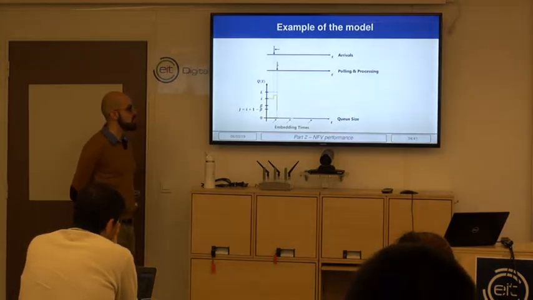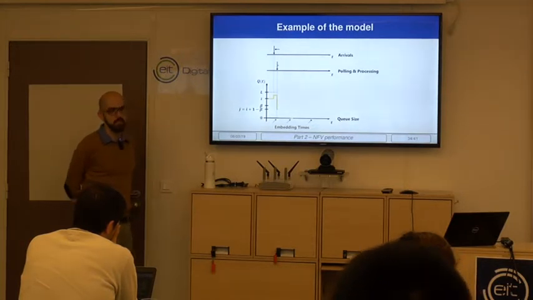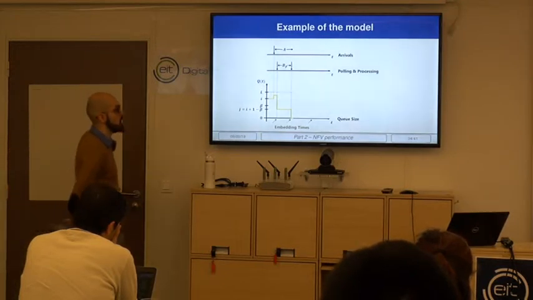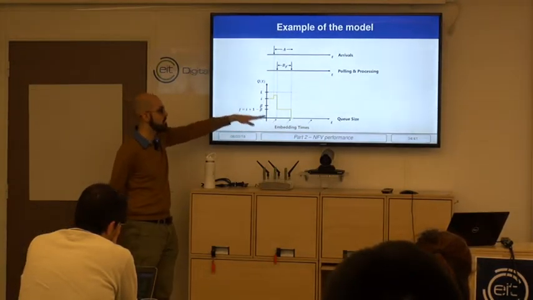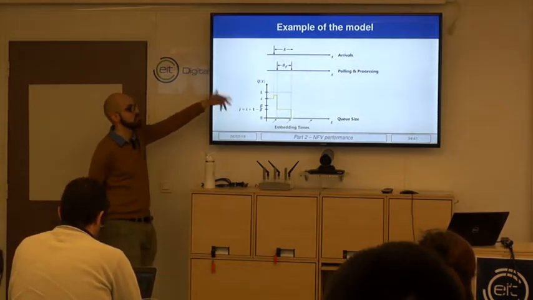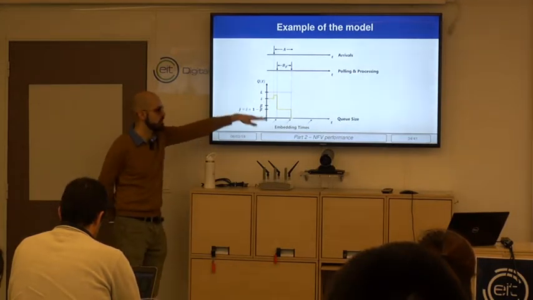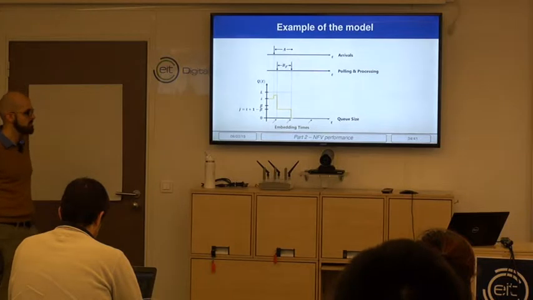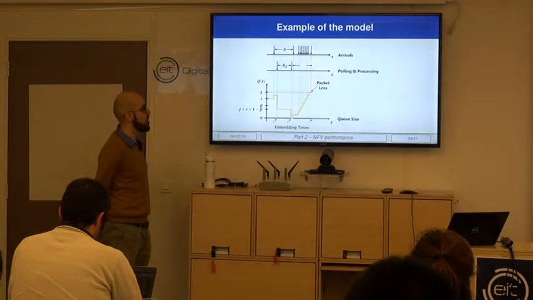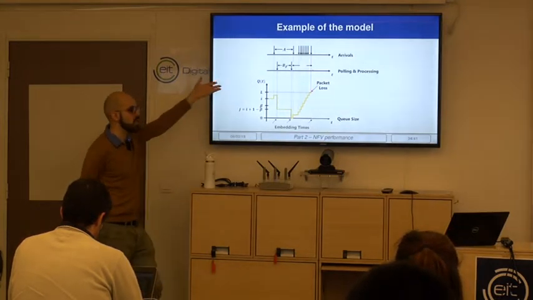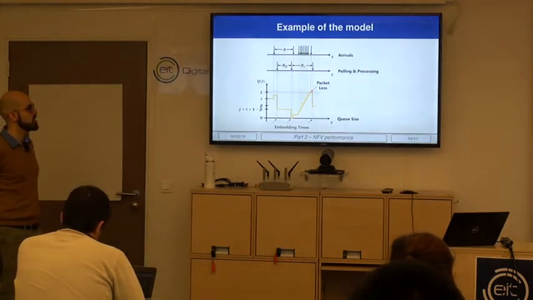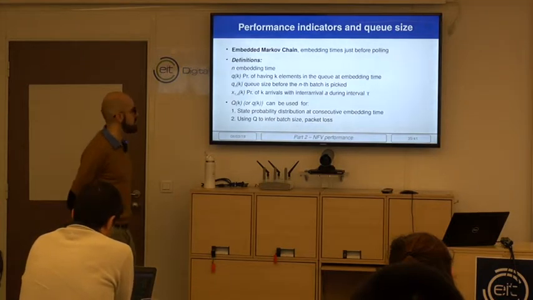Now the queue will be reduced by beta, because beta is the maximum batch size. But this is not always possible, because sometimes you just empty the queue. In fact, sometimes i plus 1 minus beta is smaller than beta, and so you just reduce down to 0. Imagine now that we have a bunch of arrivals. At some point, we reach the queue size of L, and we have packet losses. So this is the model that we are considering.